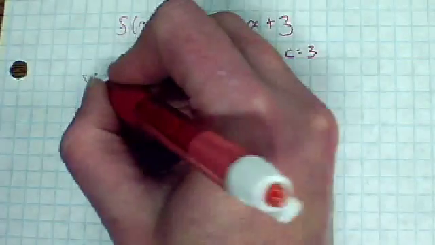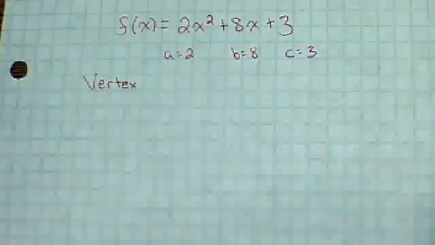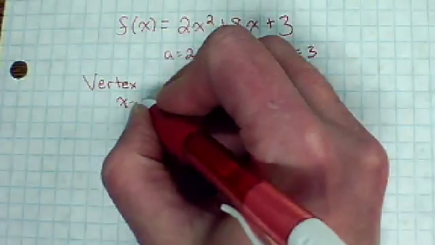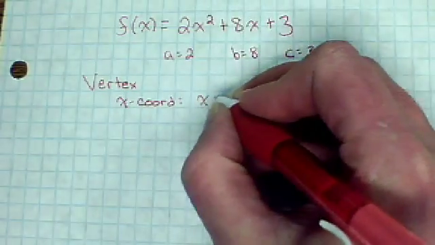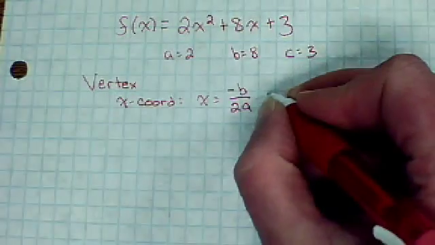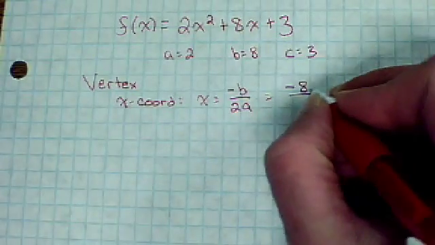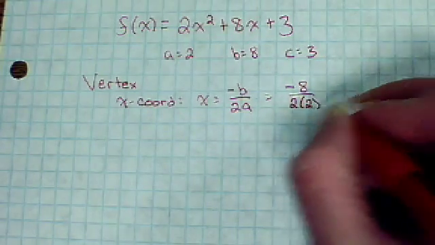So to find the vertex, we start by finding the x-coordinate. The x-coordinate is found by the formula x equals negative b over 2a. B is 8, so that'll be negative 8, and we'd have 2 times 2.